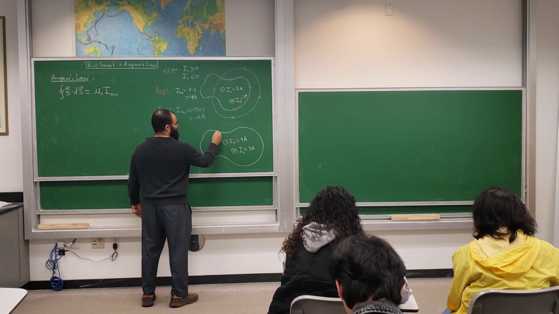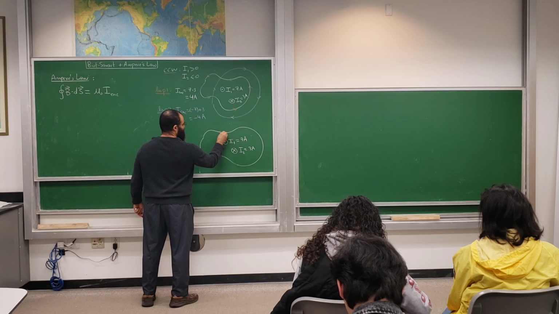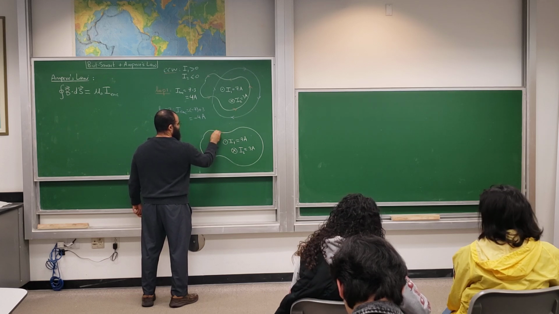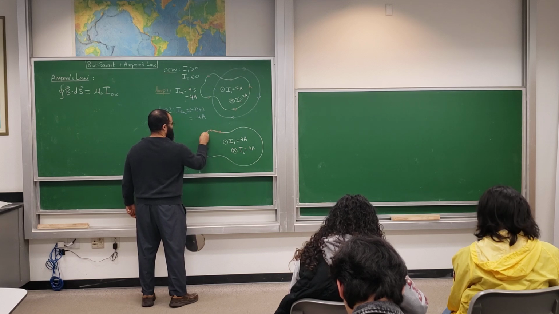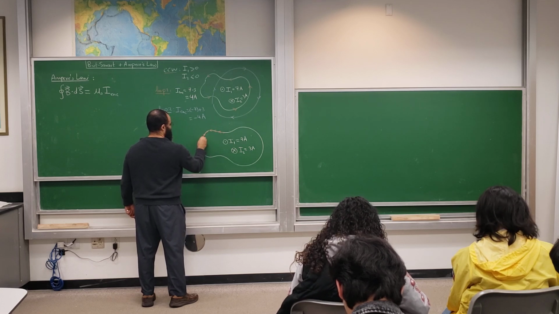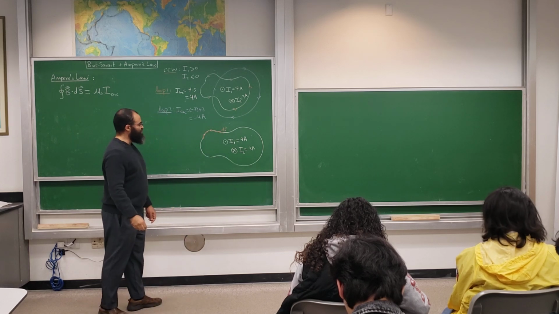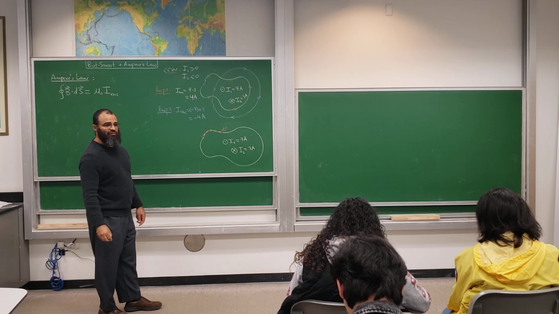So here's ds. ds is going to be this way. This is a ds here. Here's ds. So ds is tangential to the loop. This is ds. Okay. So ds is tangent to the loop. So that's what we mean by ds.